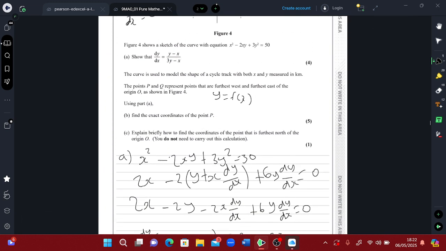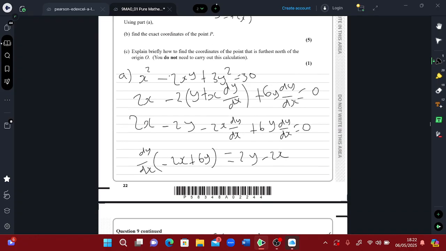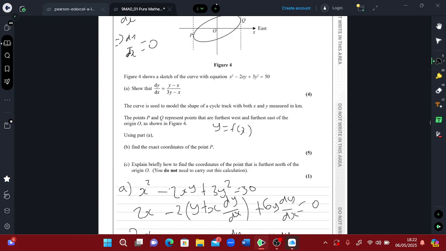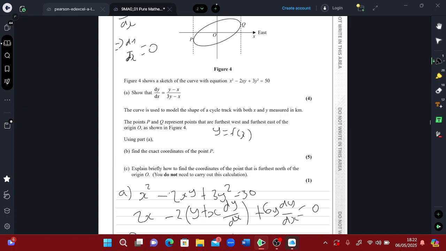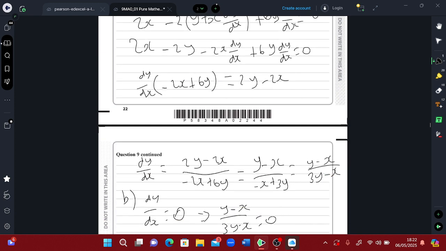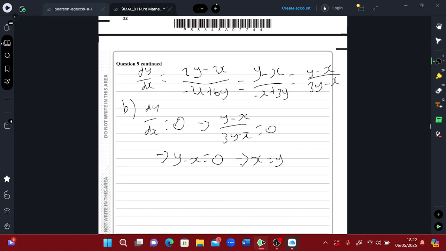But then it's set to find the coordinates of P. As always with any lines or finding coordinates, you go back to the equation of the curve. Now that we know y equals x, we can substitute it in to get one variable. I think that's the best approach. So let's denote the curve.